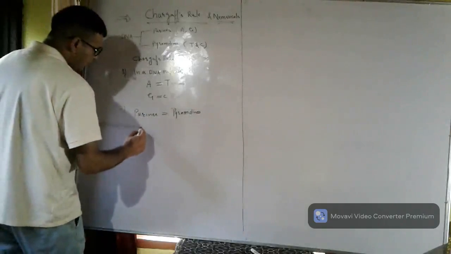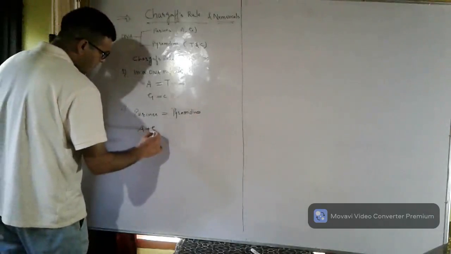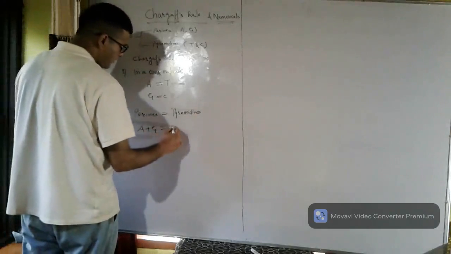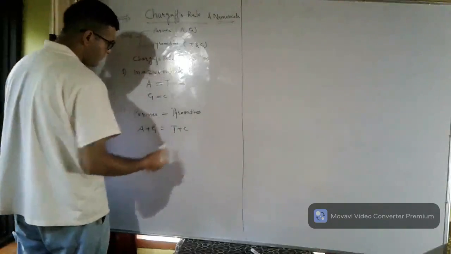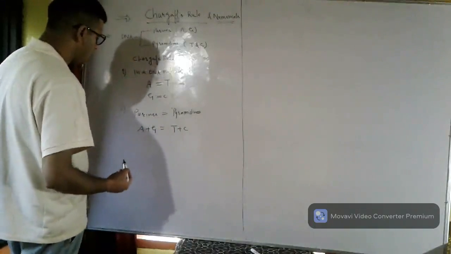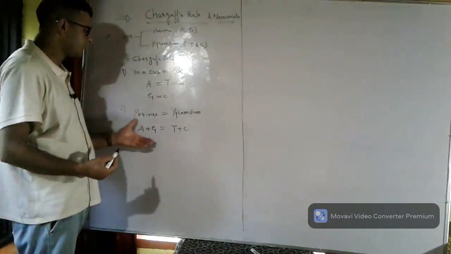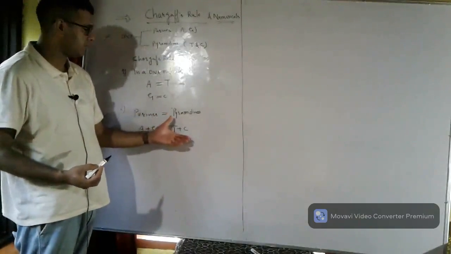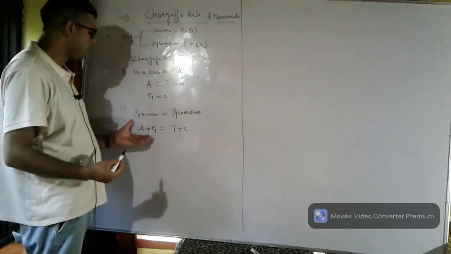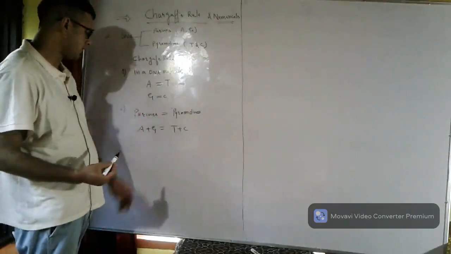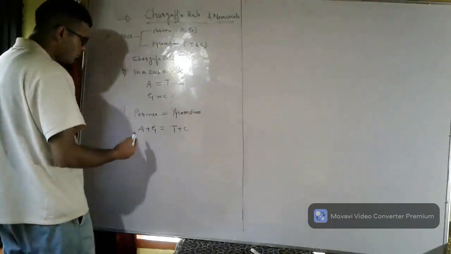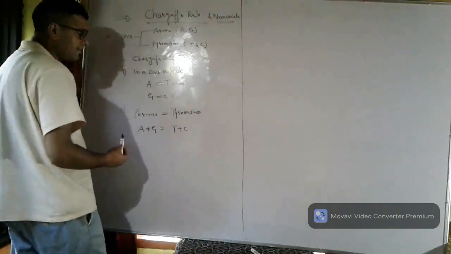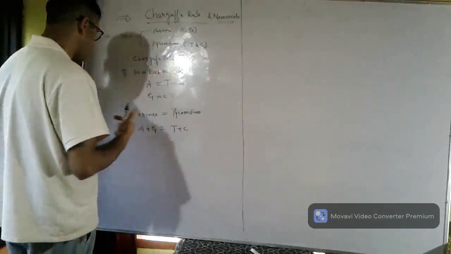That means adenine plus guanine is equal to thymine plus cytosine. The proportion of purines is equal to the proportion of pyrimidines.